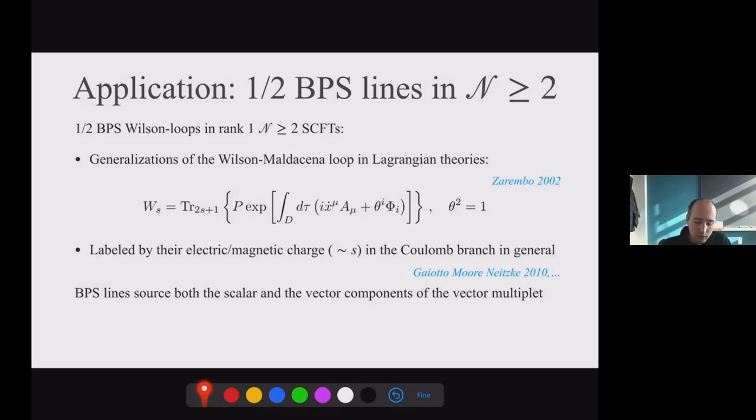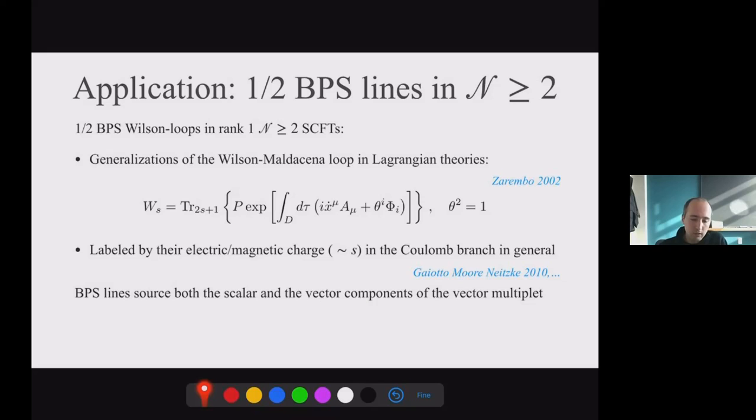In this case, in Lagrangian theories, we know that our BPS lines are represented as a generalization of the Wilson-Maldacena line, just in an arbitrary representation, and contain both the vector and the scalar component of the vector multiplet. Something perhaps less surprising is that BPS lines have a notion of gauge charge and exist also for non-Lagrangian theories.